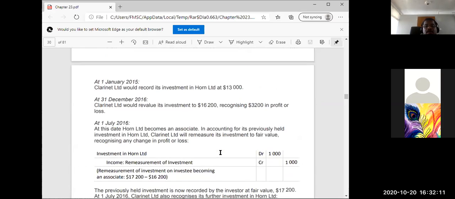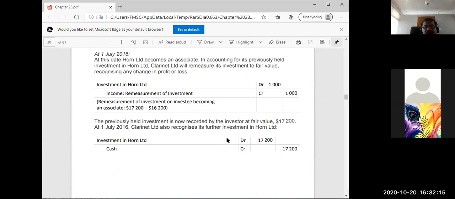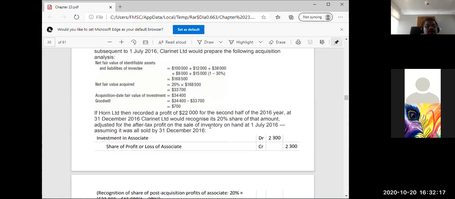Now I think you can remember the profit for the period is 8,000, given for the 6 months. If Horn then recorded a profit of 20,000 for the second half of the period at December, you would recognize 20% share of that amount.